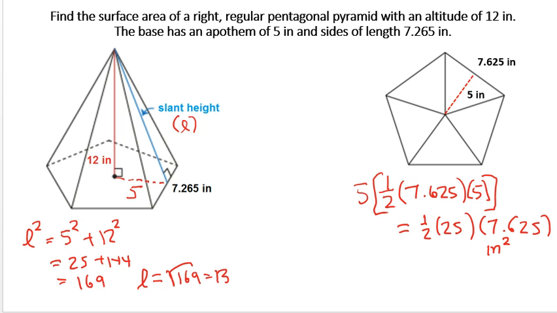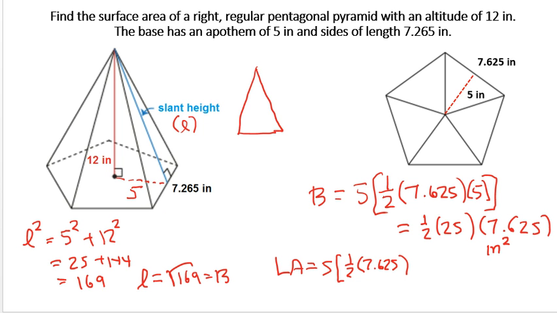So this is the area of the base. For the lateral area, since this pyramid has a pentagonal base, there are 5 lateral faces. The area of each lateral face is a triangle, so 1/2 times the length of the side, which is 7.625, times the slant height. Again, what I've done is I've unfolded this pyramid.